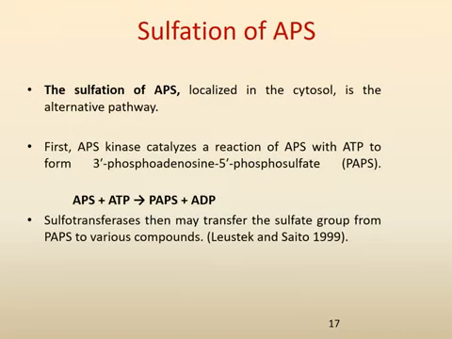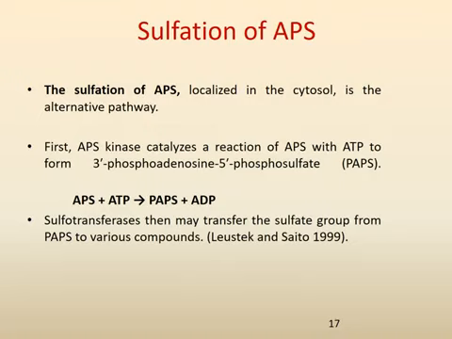Now, sulfation of APS. Sulfation of APS is localized in the cytosol, and it is an alternative pathway to reduction of APS. First, APS kinase catalyzes a reaction of APS with ATP to form 3' phosphoadenosine 5' phosphosulfate, that is PAPS.